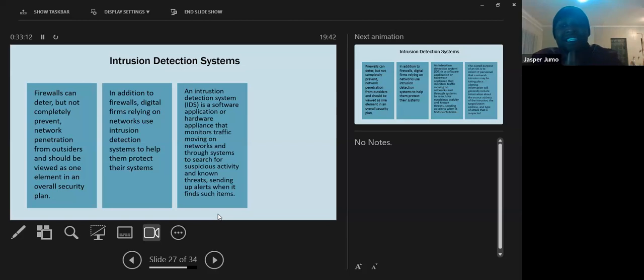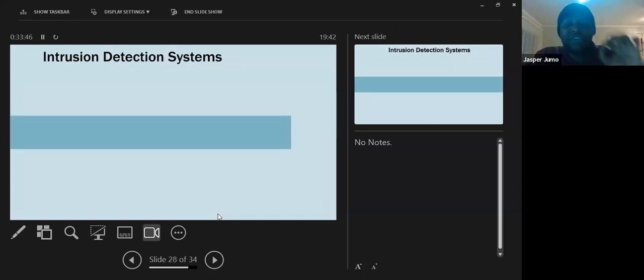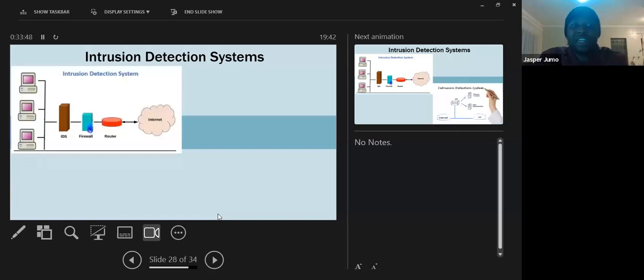It's more like a house that has windows and doors, and you make sure that every window and every door, you are monitoring it, so that anything that goes out or comes in, you will be able to see. That's what an intrusion detection system is. It monitors everything in your system for suspicious activity, so that once a threat is picked up, you will receive an alert message that tells you that there's something wrong.